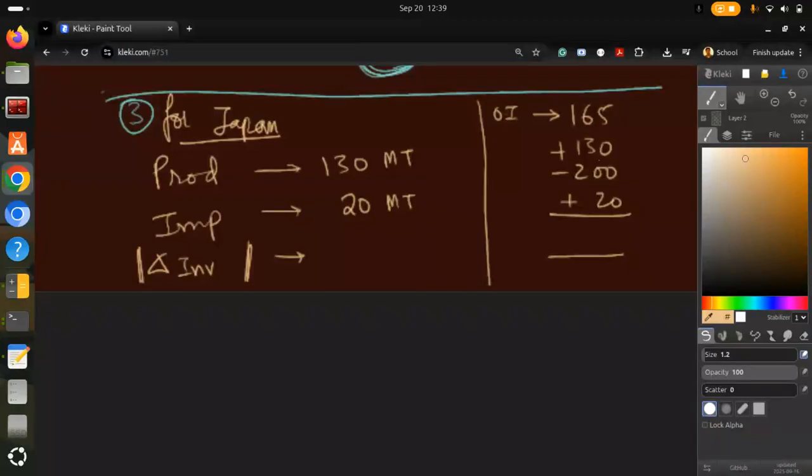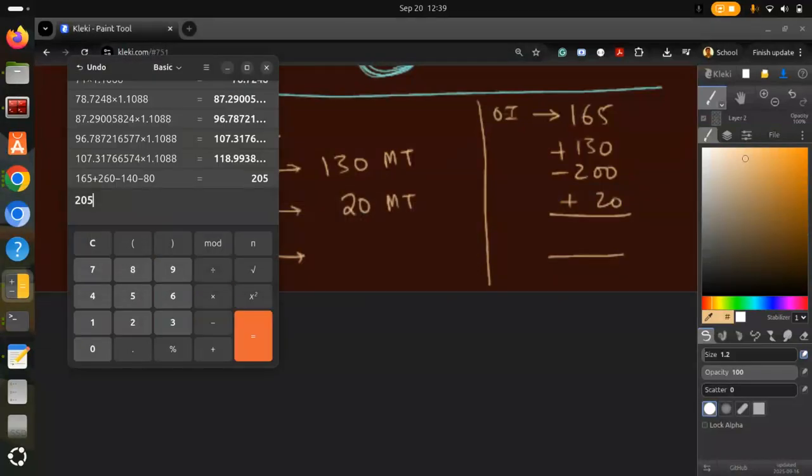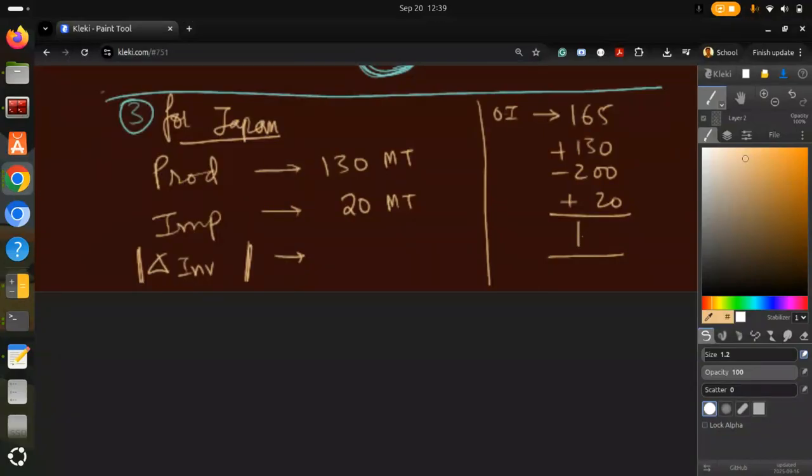Let's do this: 165 plus 130 minus 200 plus 20. This gives me 115. That is the closing inventory of Japan. Now, what is the difference between opening inventory and closing inventory?